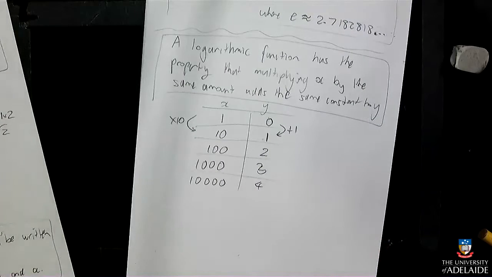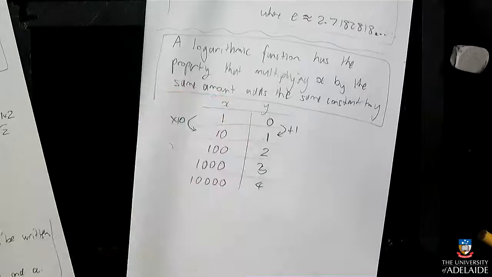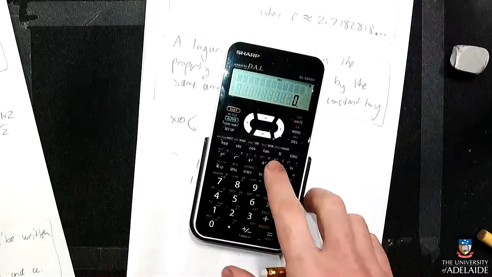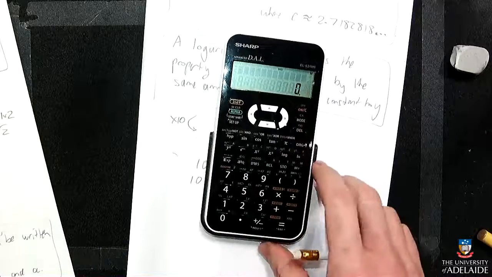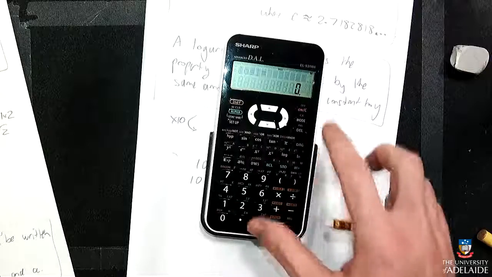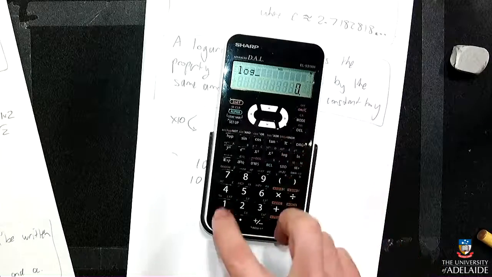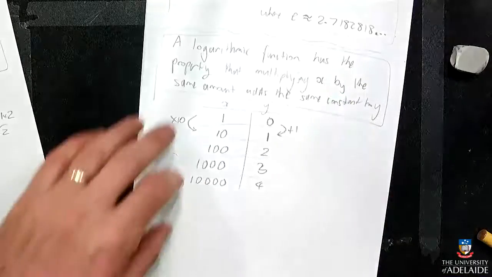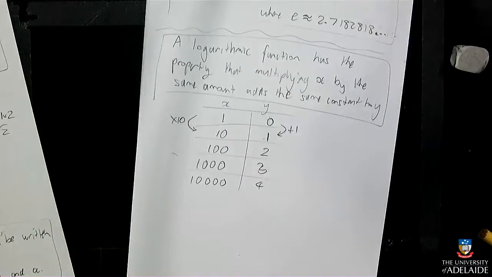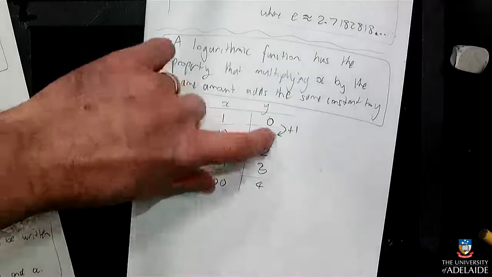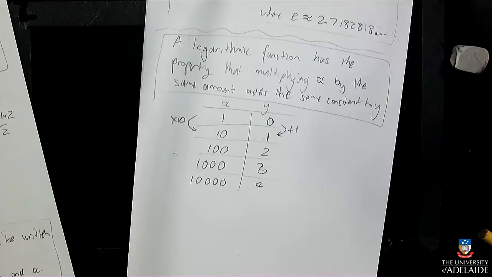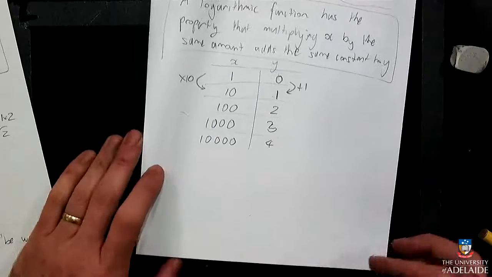So let me just do one more example. These are called logarithmic functions, and this function here is log on the calculator. So log of 1 is 0, log of 10 is 1, log of 100 is 2. That's what this function here is called. And so the notation that we use is to do with the number that you need to make it go up by 1.